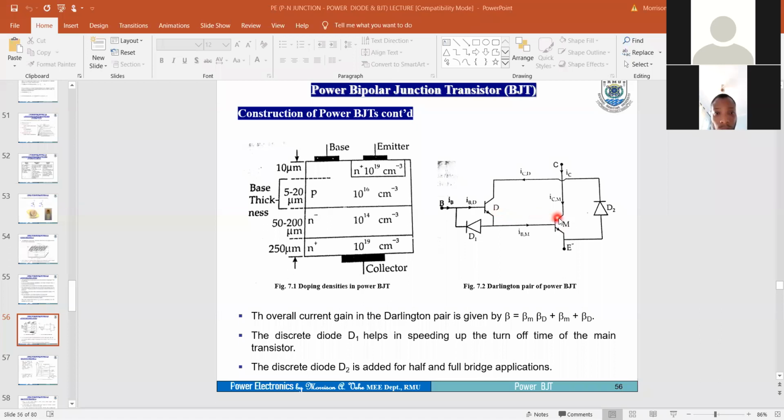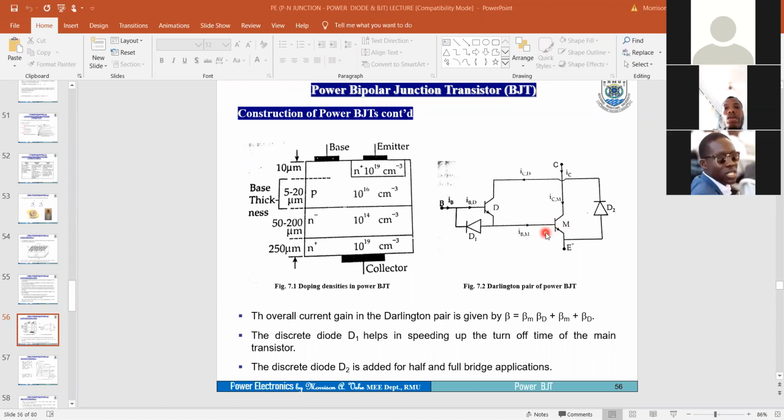So D and M are two transistors, but if you observe carefully, you realize that the emitter of transistor D is serving as the base to transistor M. Hope you can see that. Okay, good. So that is what is happening. And then you lump the collectors together. So they are basically at a common, sorry, not at a common potential.